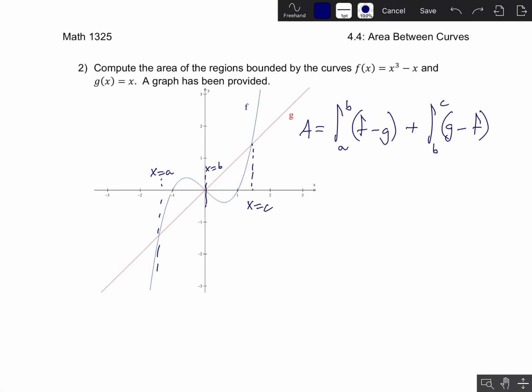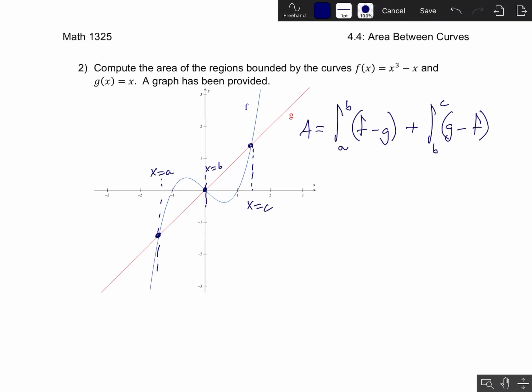So all that's left now to do before we can integrate is I need to figure out a, b, and c. And notice that these are the x-coordinates, a, b, and c, where these curves intersect. So I'm looking for these intersection points. So in order to find those intersection points, what I can do is what we did in the previous problem.